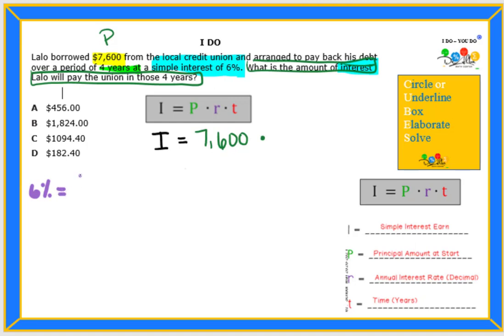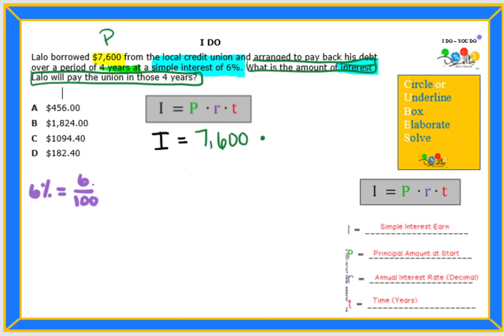They gave us our interest rate as 6%. And 6% means 6 out of 100. So as a decimal, we can write this as 6 hundredths. The place value is the hundredths. Or we can remember that when we are dividing by 100, the decimal moves 2 places to the left because our number is getting smaller.